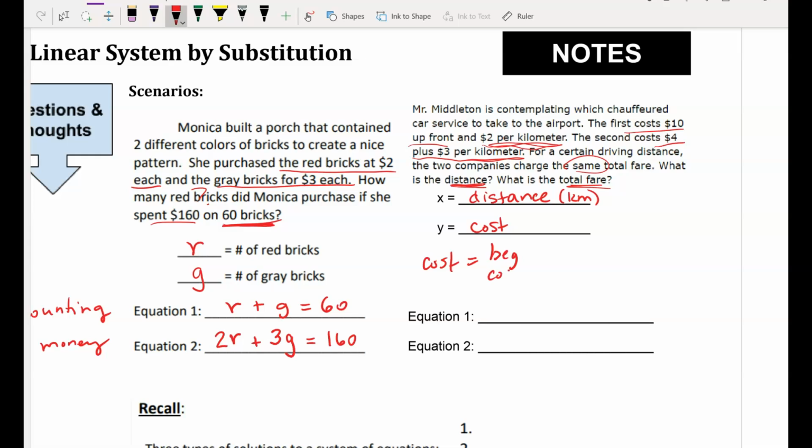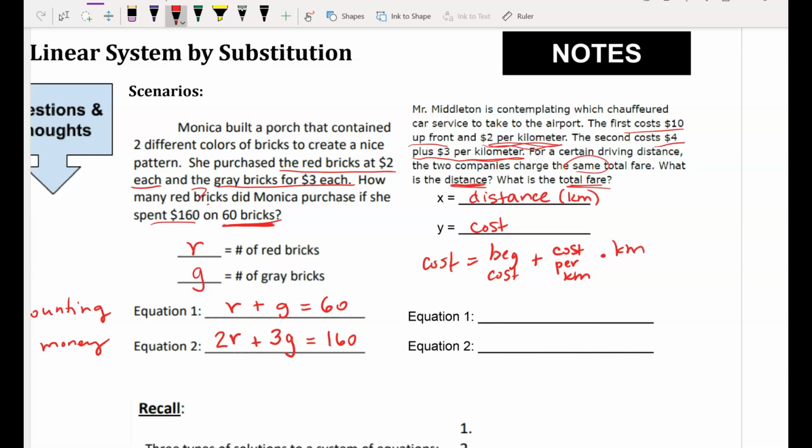That's the cost up front, just to pick up the car, plus a charge for the distance. So that's going to be the cost for the distance, which is in kilometers, multiplied by the number of kilometers, so multiplied by the distance.